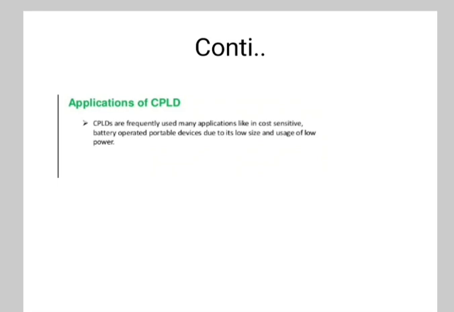A significant advantage of CPLD is simple design change through reprogramming. With in-system programming, CPLDs make it possible to reconfigure hardware without power down. Predictability of circuit implementation and speed performance is one of the strongest advantages of CPLD architecture.